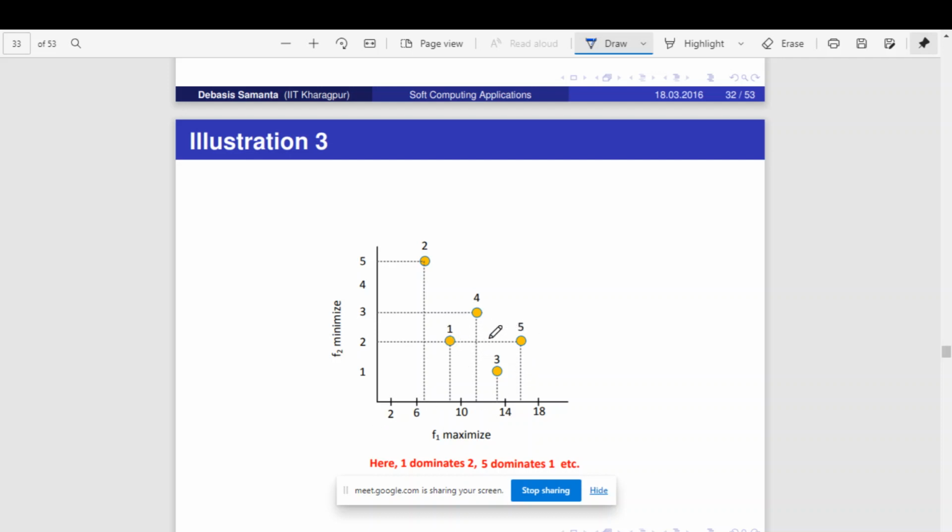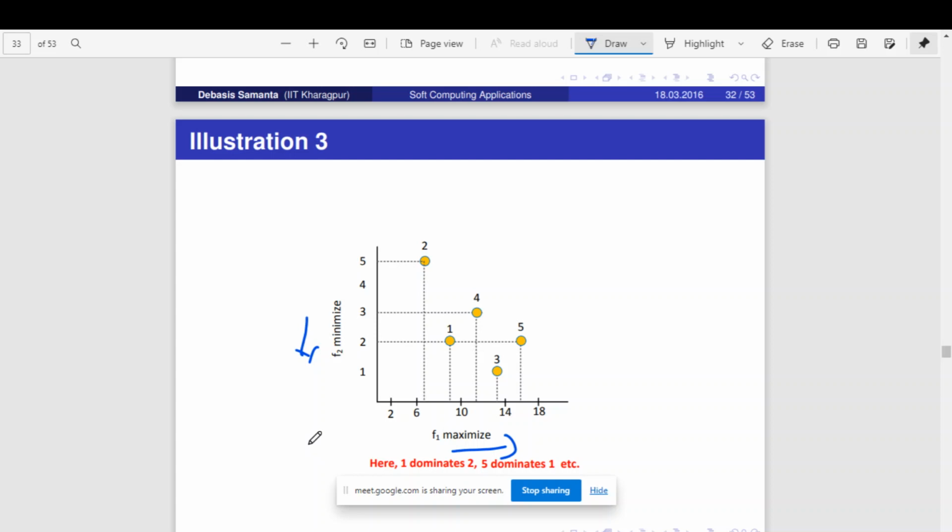What about 5 and 1? Could you say 5 is dominating 1? No, no, F1 is maximize, F2 is minimize. But what is the domination condition?